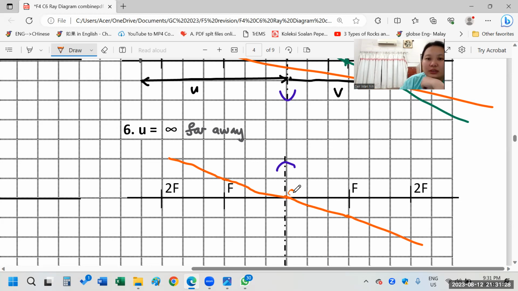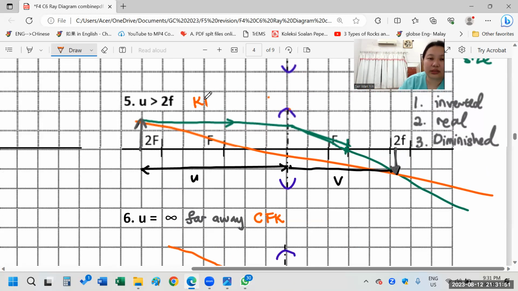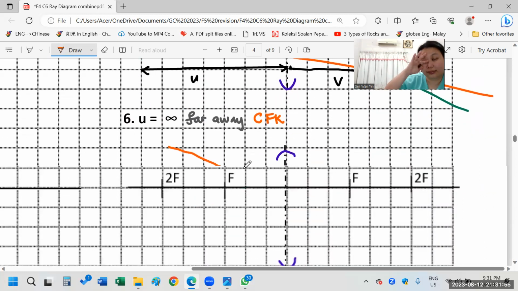Okay, draw C, C F F C F F F. KFC and CFK. So this one we use CFK. This is KFC. Then we got it. CFK.